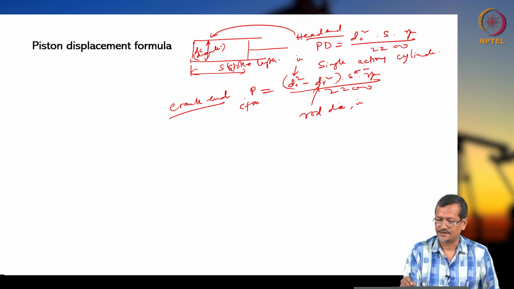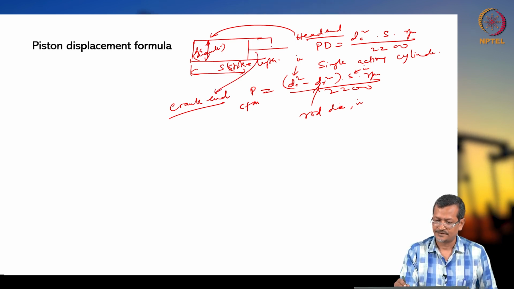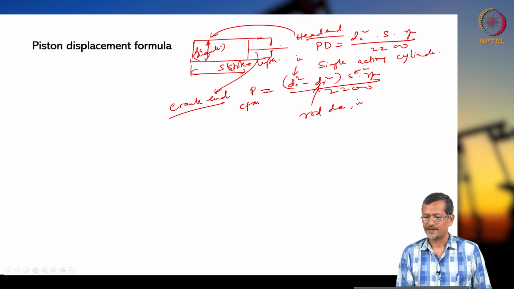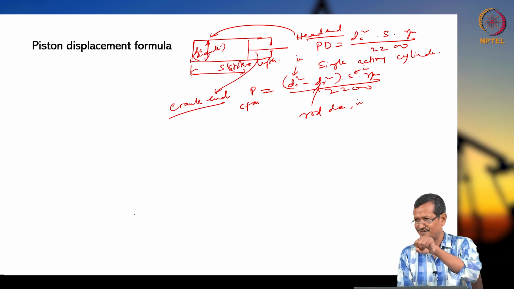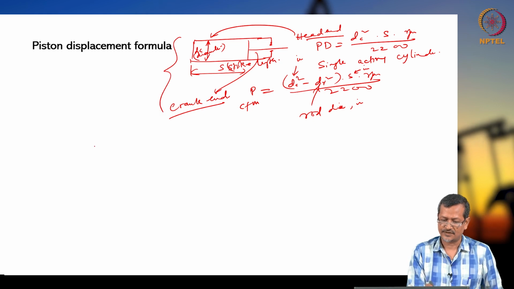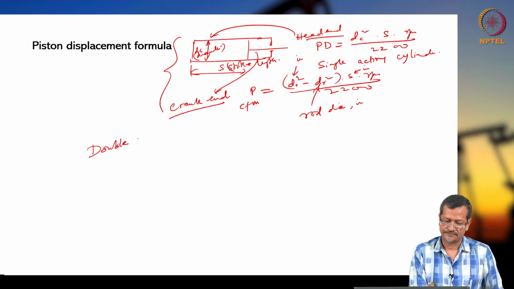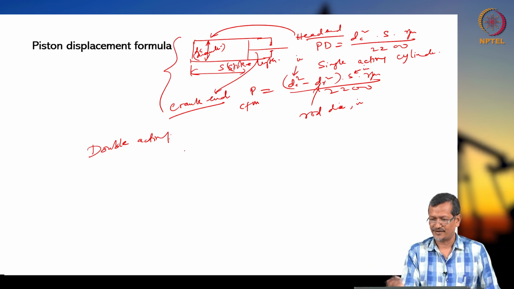Head end means this side, crank end means this side. Although in reality there will be no gap because of the seal, I am showing a gap here so that the figure is clear. So this is single acting. If we make it double acting, then we have to add both directly.